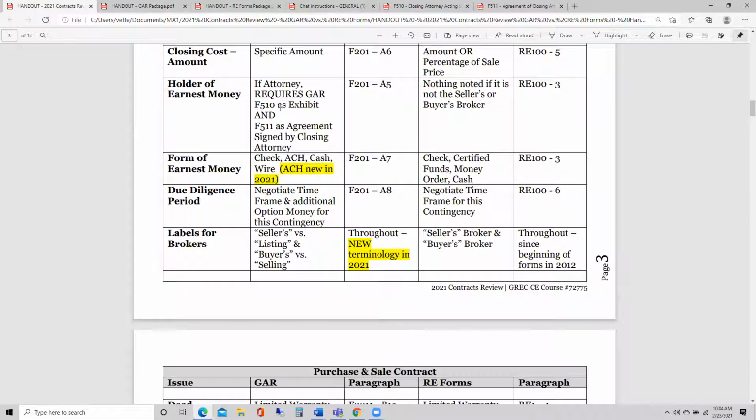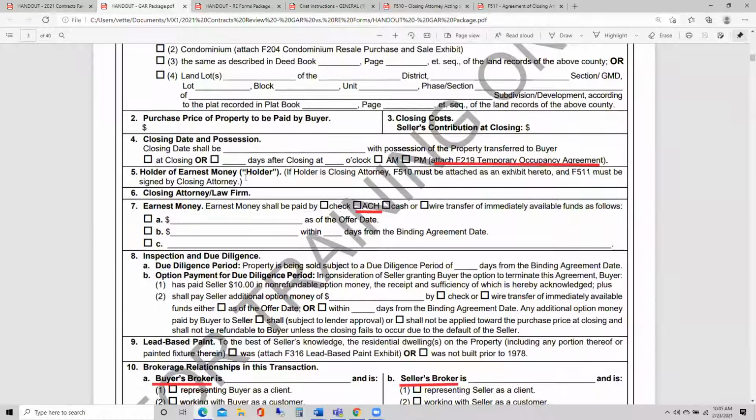Now, another issue. If your parties go binding on GAR, it specifically states the closing attorney, if the holder is the closing attorney. What if the holder of the earnest money is an attorney, but not the closing attorney? For example, in a lot of foreclosures, there is a law firm here in Metro Atlanta that handles many of the foreclosures.